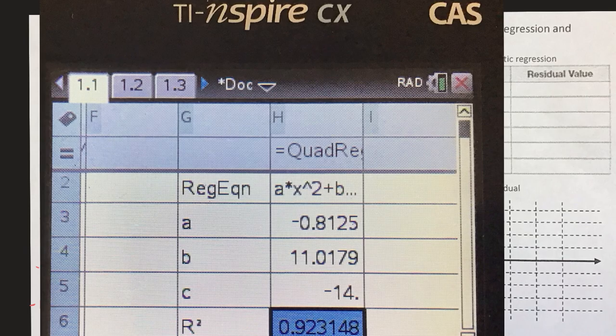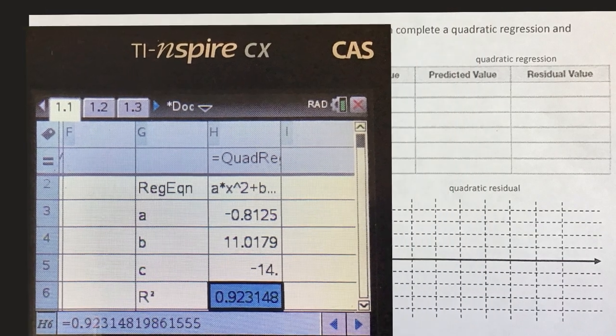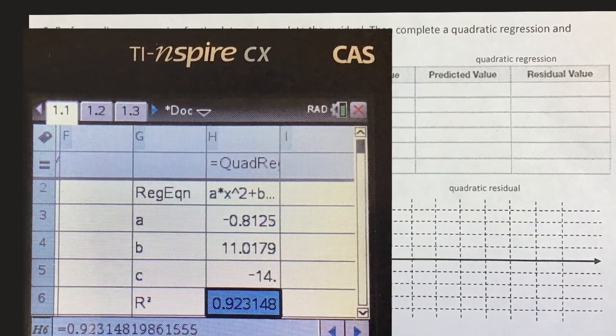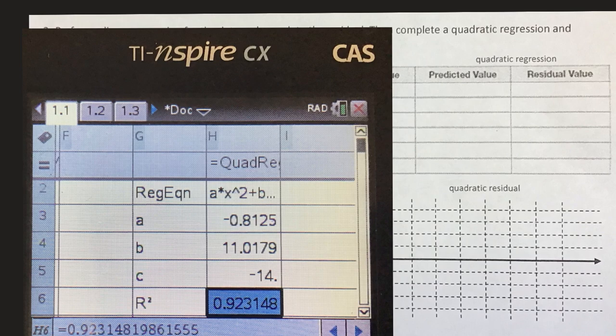Okay, so here is our quadratic regression that I get from my calculator. So here is your x squared term, here is your x term, and that's your constant term. Okay, so we're going to come over here and write that above our quadratic regression table.